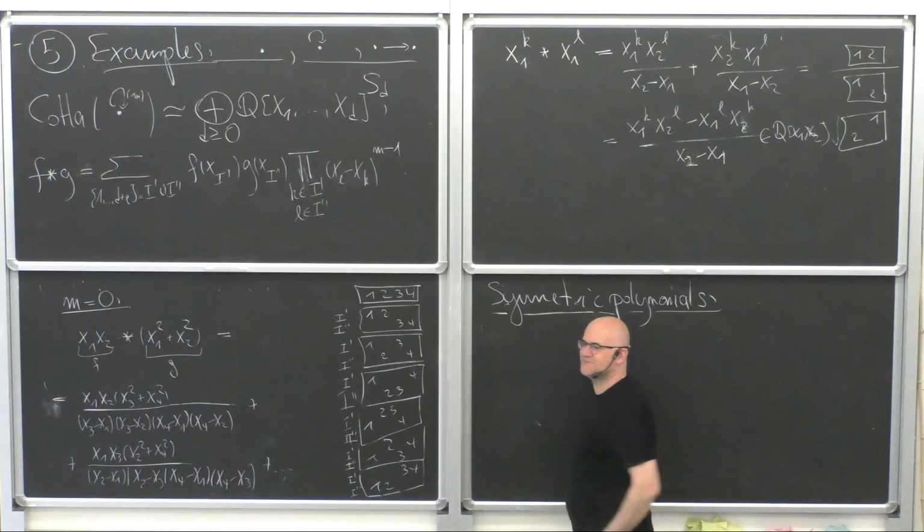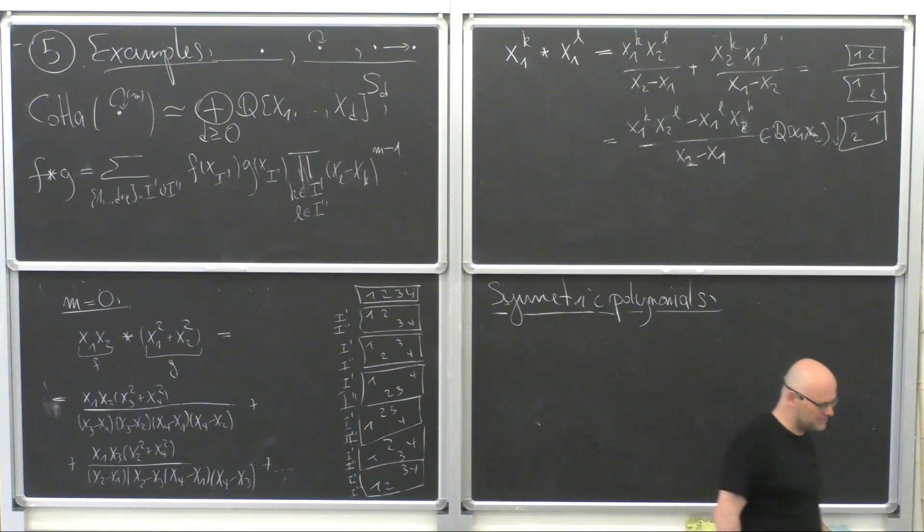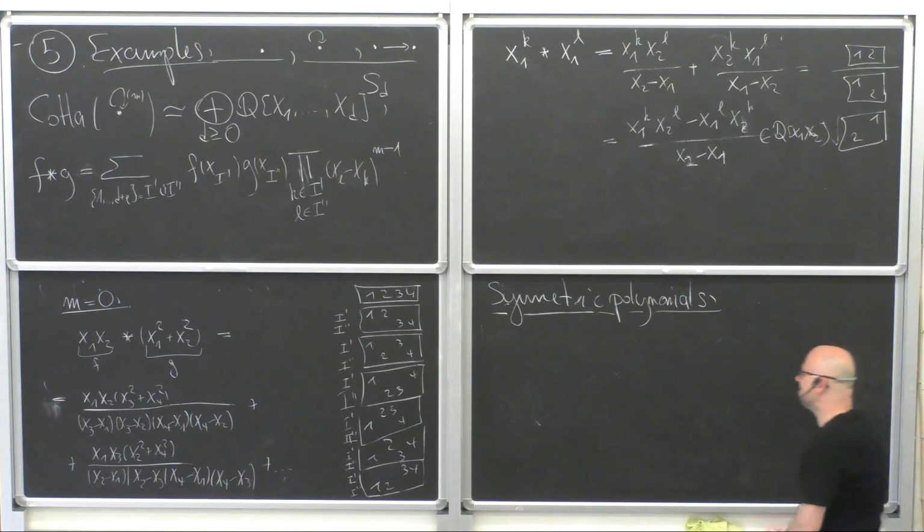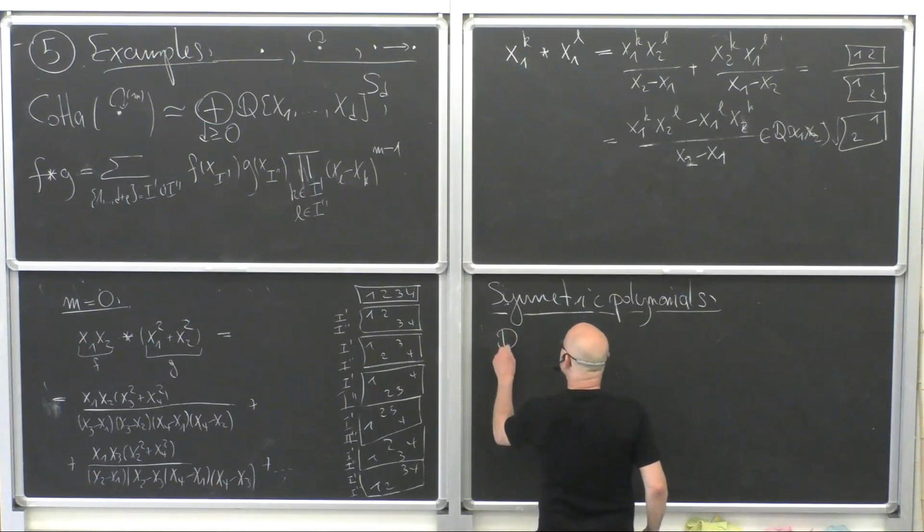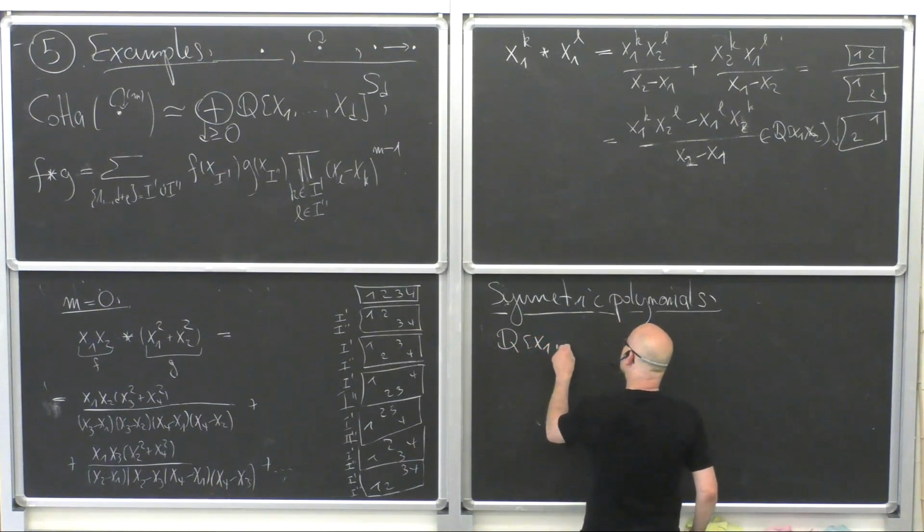The ultimate source for this is the book of Macdonald, Symmetric Functions and Hall Polynomials, which contains everything about symmetric polynomials, just everything. But for our purposes, just take the Wikipedia article on symmetric polynomials. That's definitely enough.